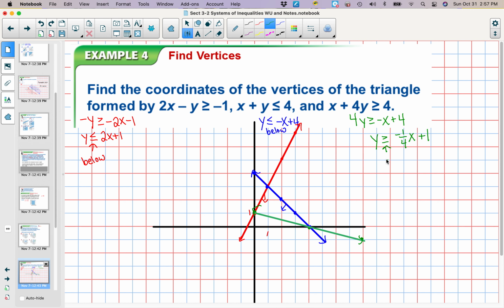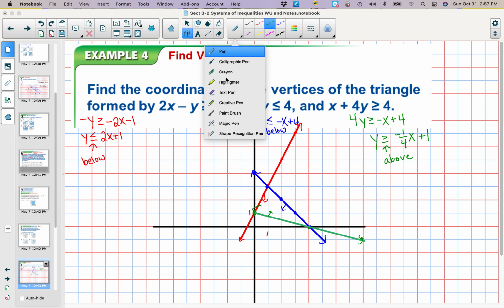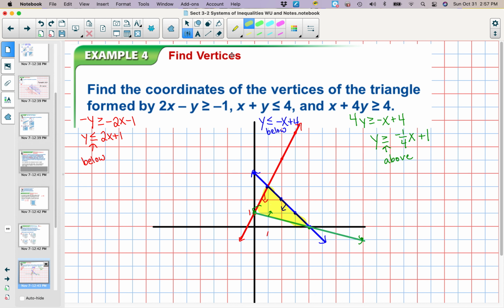And I want to be above this line. So now you can see the region that I'm trying to shade. It's actually this region in here. Here's my triangle. So that means if I were just strictly looking for the solution, it would be my highlighted region inside that triangle.